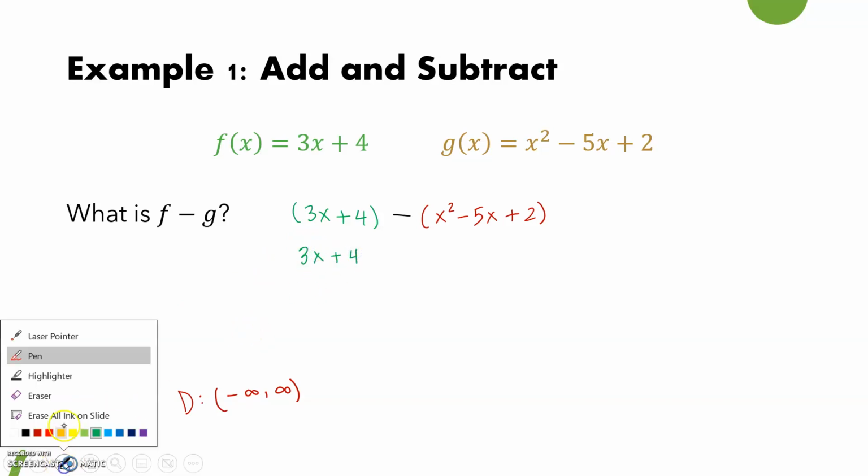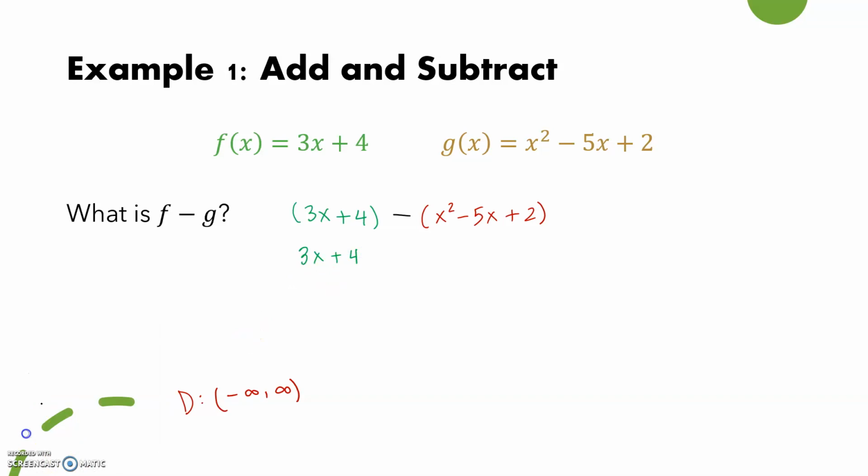And then because we're subtracting, we can think of that as distributing the negative to every term inside of those parentheses. So every term is subtracted. And so we wind up with minus x squared plus 5x and then minus 2. And then just like before, we're going to gather our like terms.